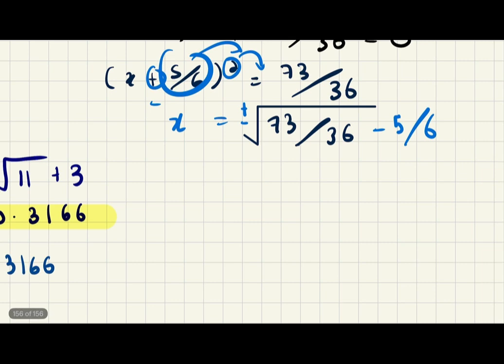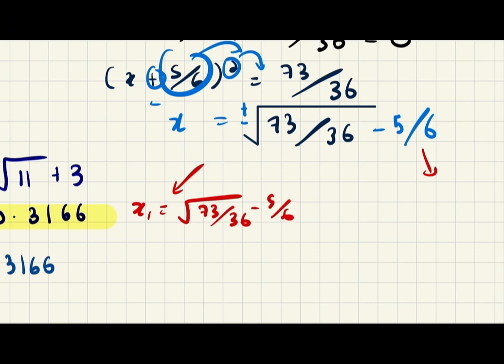Okay, so now you're going to divide this into 2 because we have two values of x. x1 is equal to, first, the positive one, square root of 73 over 36, minus 5 over 6. Okay, x2 is negative square root of 73 over 36, minus 5 over 6.